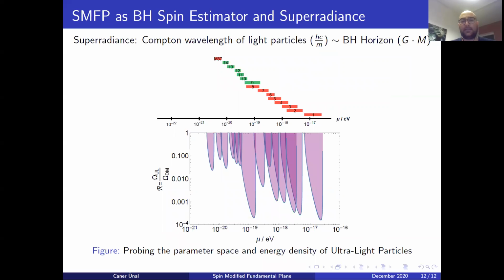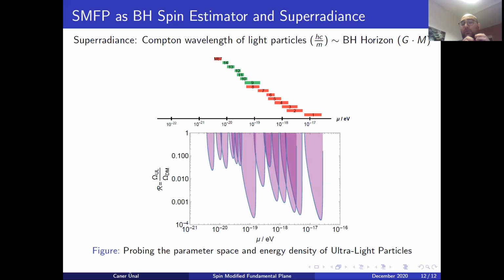As a last point, and maybe as a problem we are trying to finalize with Fabio and Avi, you can also use this relation as a spin estimator, such that when the other variables are given, you can extract the spin value of the AGNs.